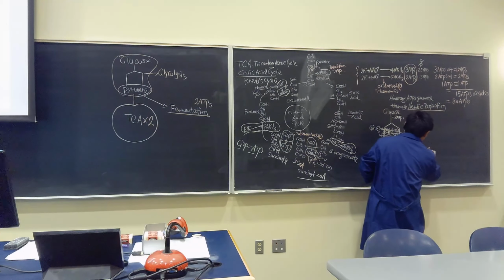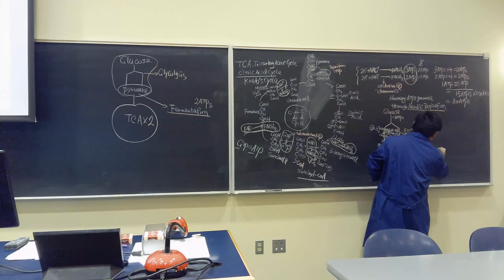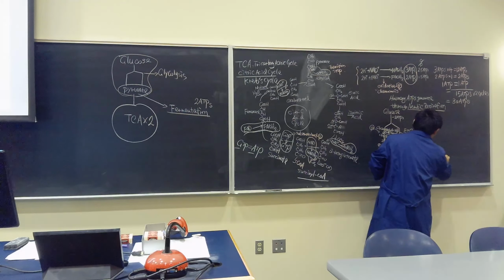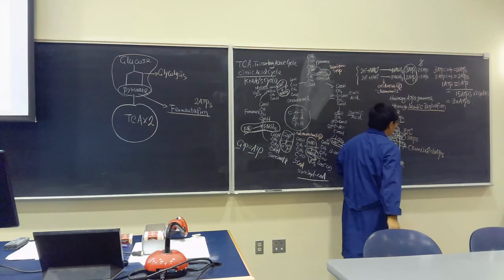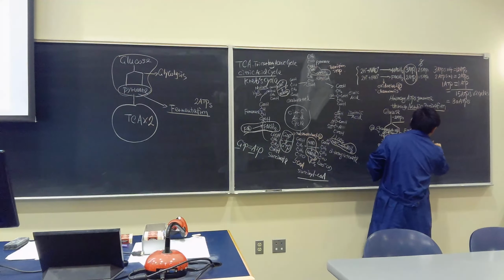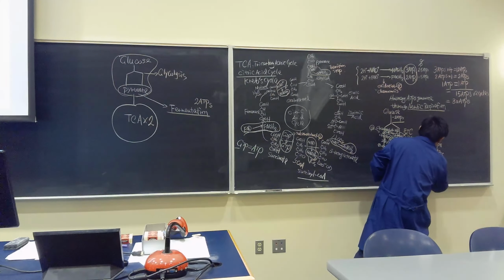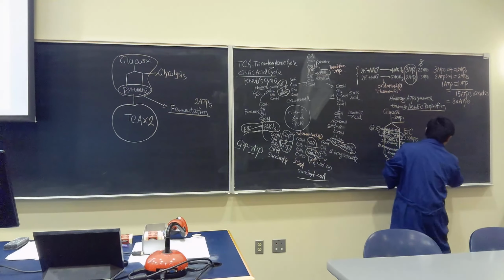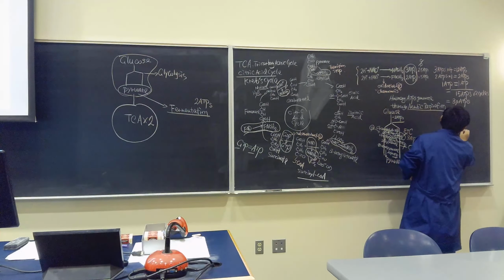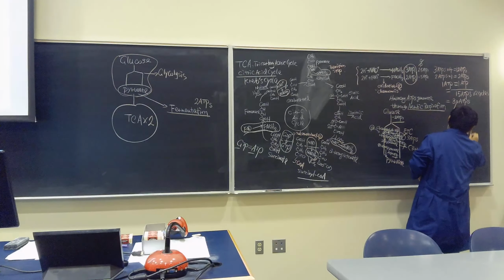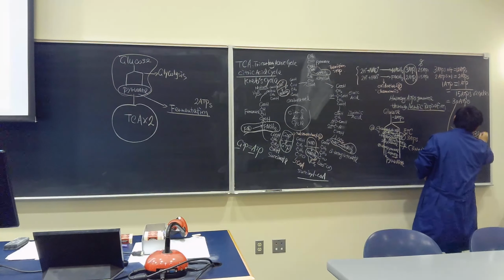We have 2 branches, generating 10 ATPs. Remember we hydrolyzed 2 at the top, so minus 2. If you add them together, it equals 8 ATPs. And if you combine these, 30 plus 8 equals 38 ATPs.